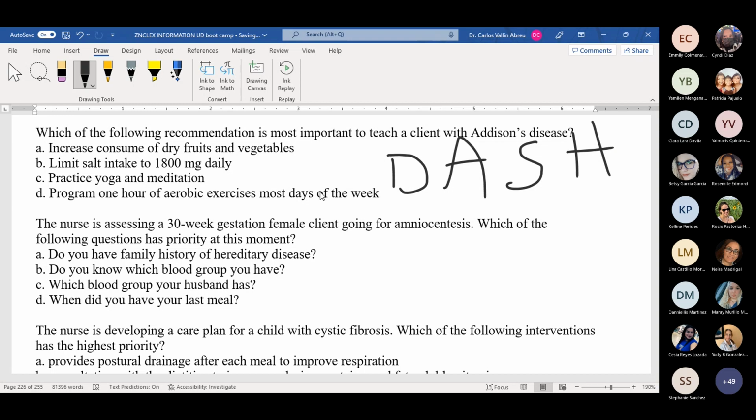Just use a dash of salt in your diet. The diet aims to stop hypertension, so they recommend a very low consumption of sodium. But those are exceptions to the rule.